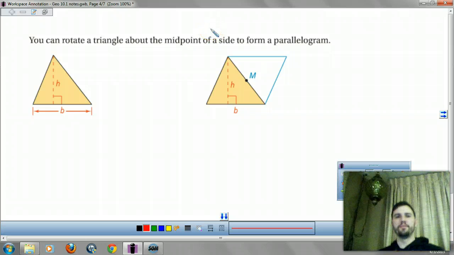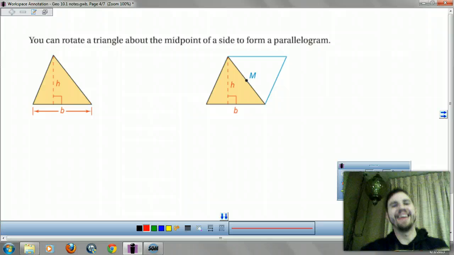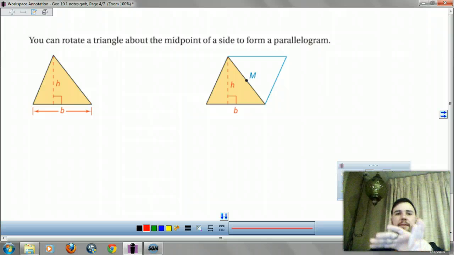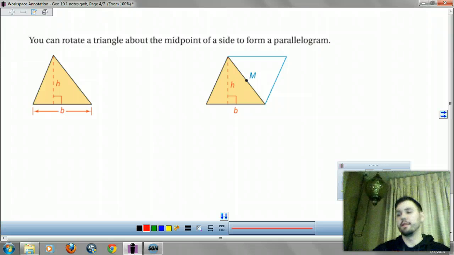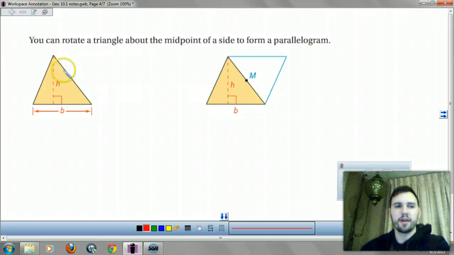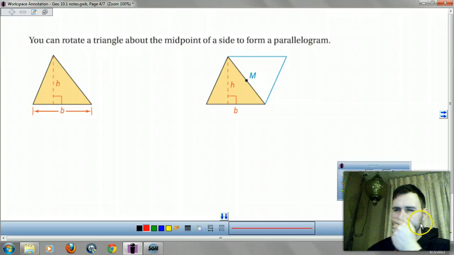Here's what I want to show you. I'm going to give you the triangle formula soon. You notice you can take any triangle, rotate it, boom, parallelogram, right? So I can take any triangle, rotate it, and make a parallelogram. So it's half the size of a parallelogram.